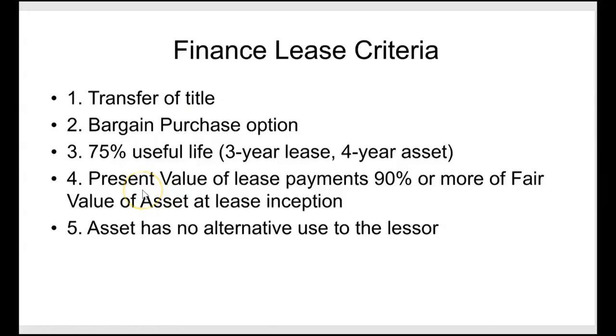And criteria 4 could be met where the present value of the lease payments are 90% or more of the fair value of the asset at lease inception. And that just means that the lessee is going to pay so much for this asset compared to its fair value that you might as well just make it a finance lease. And if it doesn't meet any of these 4 criteria, but there's number 5 here, if the asset has no alternative use to the lessor, it's automatically a finance lease to the lessee.